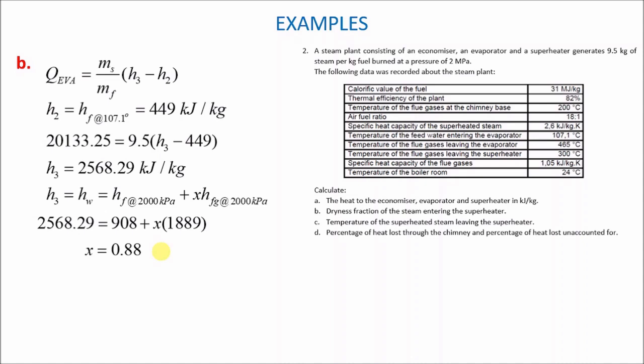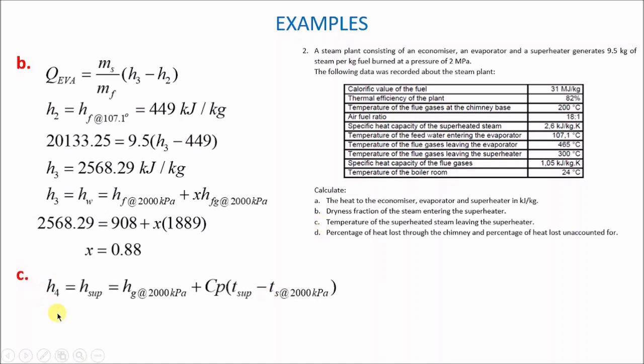It's the same location. The exit of the evaporator in the flow of water is the entrance to the superheater. Really, really important. So now we found the dryness fraction at the entrance to the superheater. Now let's find the temperature of the superheated steam, which is point number C, and this is the equation.